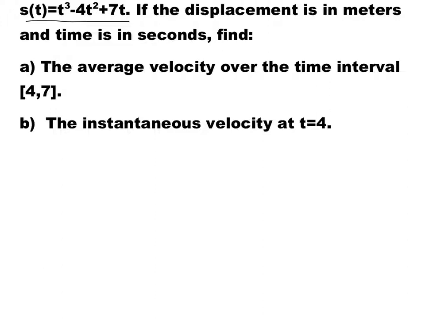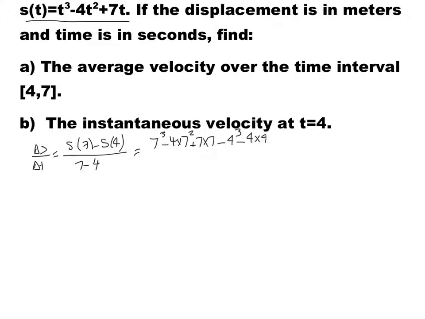So I'm going to say that delta S over delta T is S of 7 minus S of 4 divided by 7 minus 4, which is equal to 7 cubed minus 4 times 7 squared plus 7 times 7, minus S of 4, which is 4 cubed minus 4 times 4 squared plus 7 times 4, divided by 7 minus 4, which is 3.